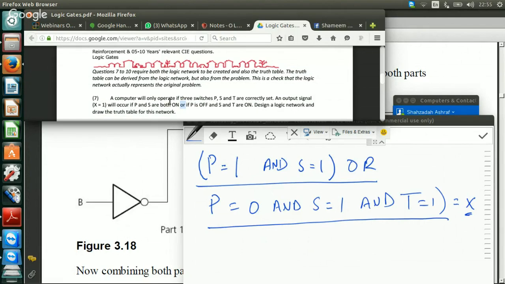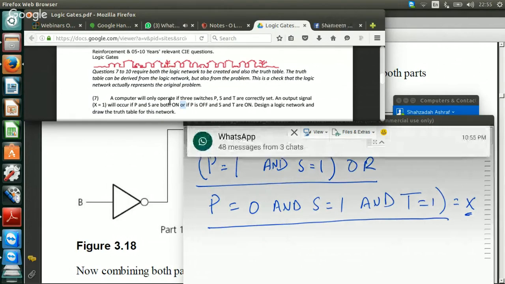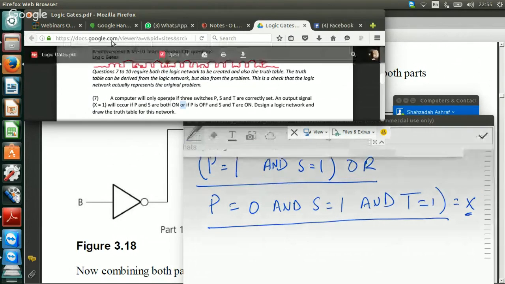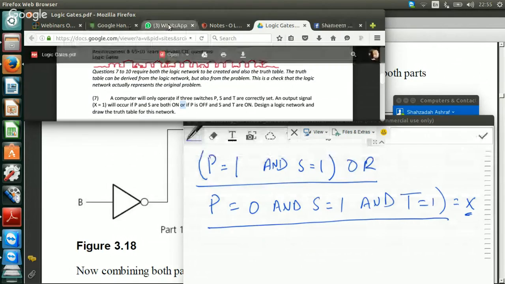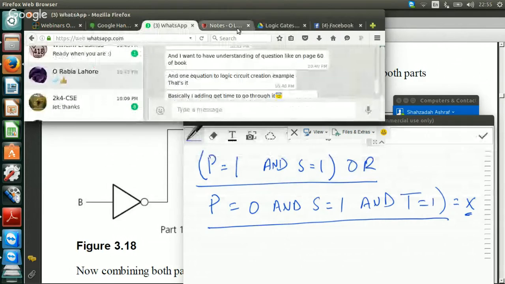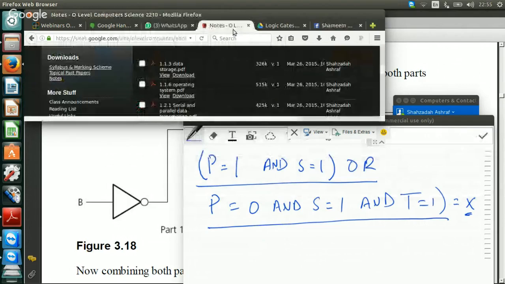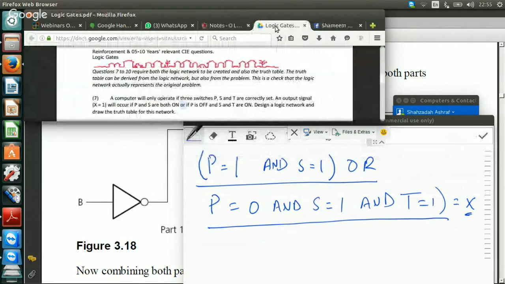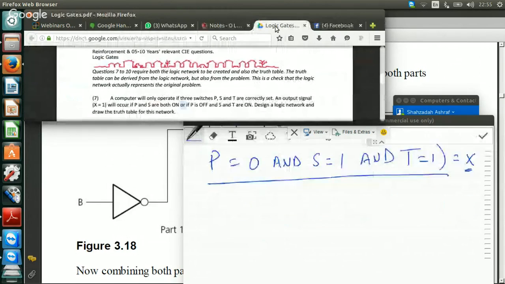So now we have made the equation out of this statement. How to make the logic circuit out of this equation? So let's do that. What's going to happen if P is equal to 1 and S is equal to 1?